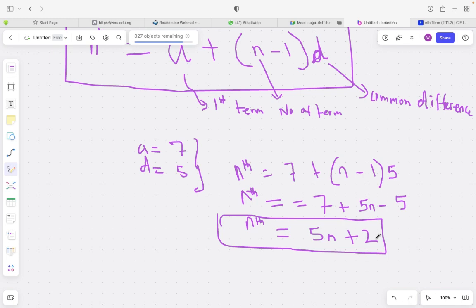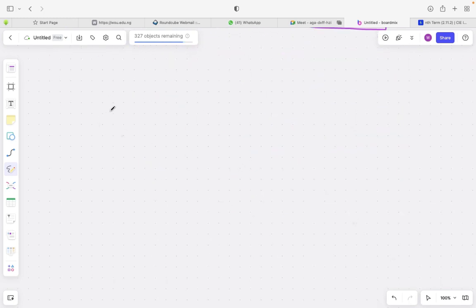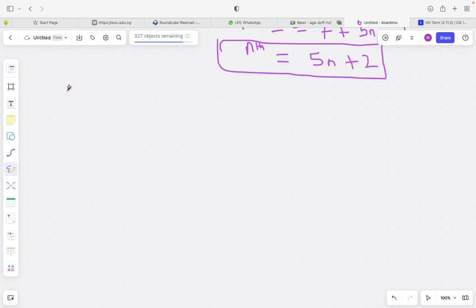Now let's go to quadratic difference, where you must use the table. It's easier to use the table for a quadratic sequence. Are we ready for that? Yes. So we say quadratic sequence.